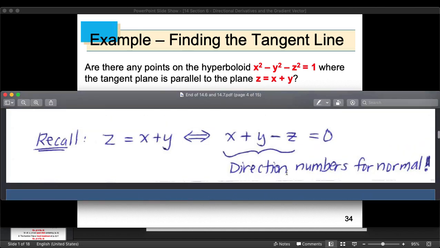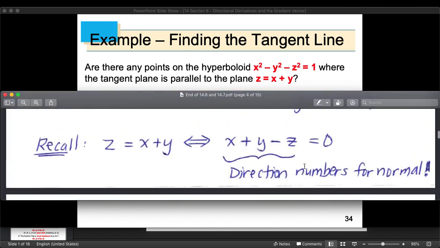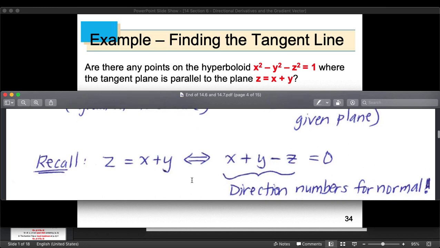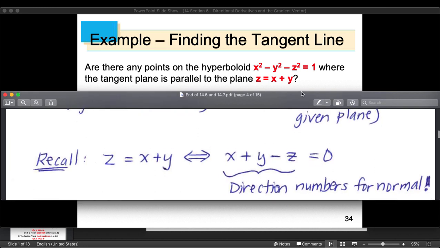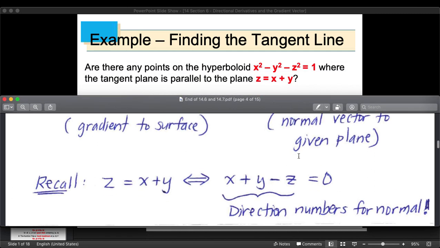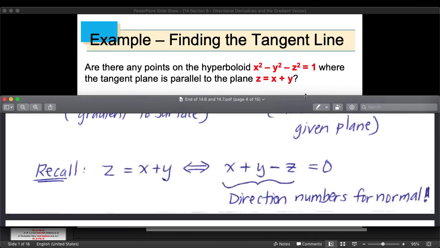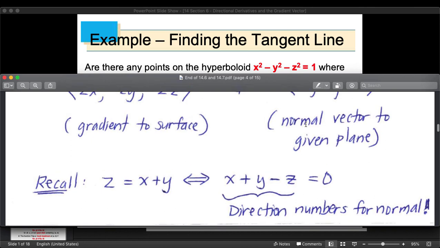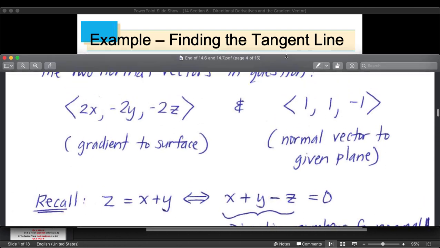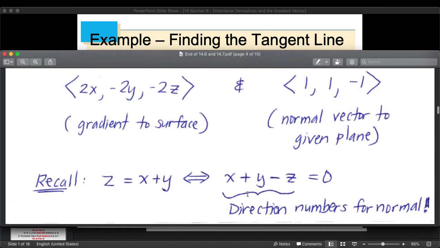If we take this plane right here and just basically bring the z over to one side, you'll notice that the 1, 1, negative 1 are exactly the direction numbers for this equation of this given tangent plane.